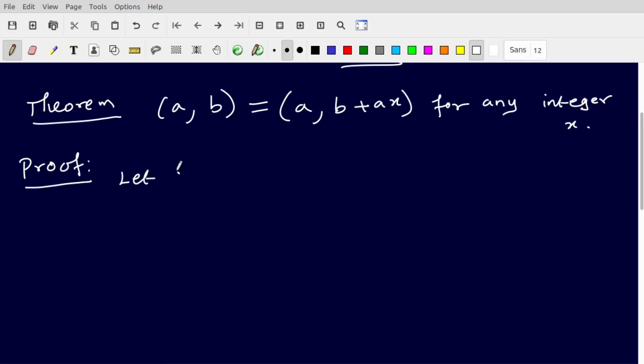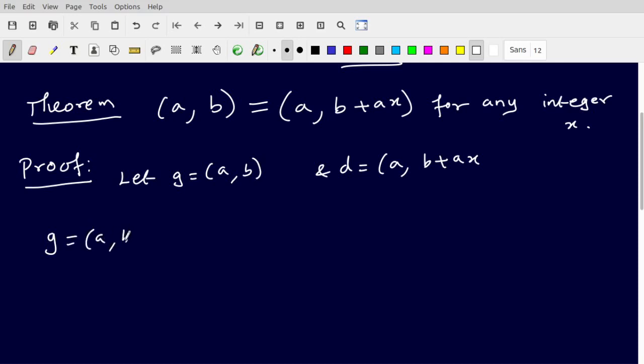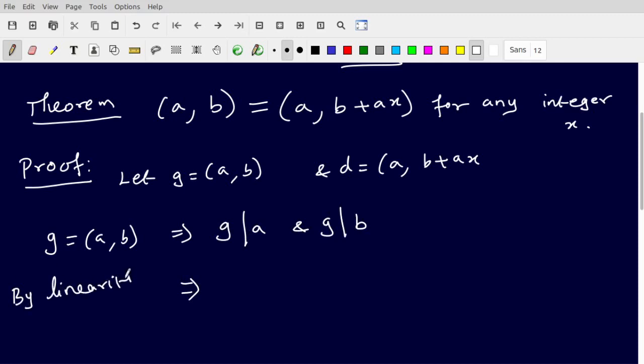Let us take G equal to the GCD of A and B, and D the GCD of A comma B plus AX. G is the GCD of A and B, which means G is a common divisor of A and B, so G divides A and G divides B. By the linearity of division, G divides AX plus BY.